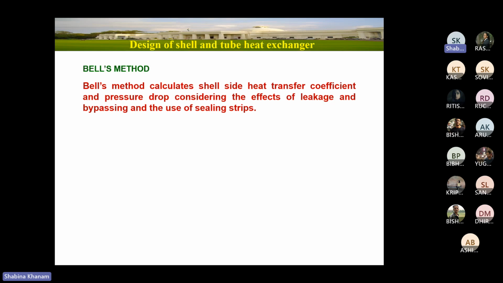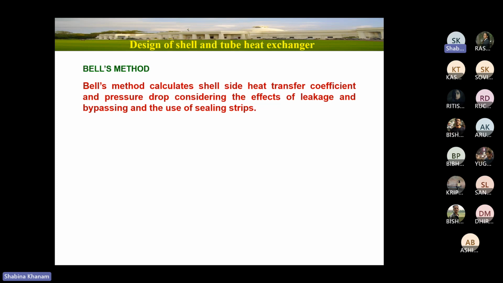Kern's method only considers the flow through the maximum cross flow area, which is at the middle, or we can say at the equator.